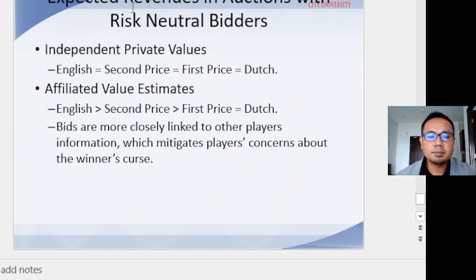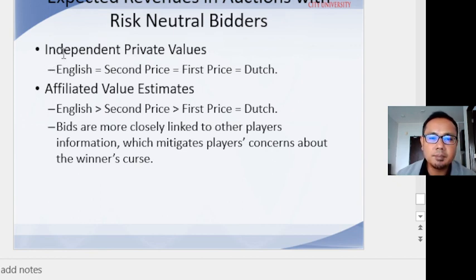This is how we can see the expected revenue in auctions with risk neutral bidders. For independent private values, English, second price, first price, and Dutch are equal.